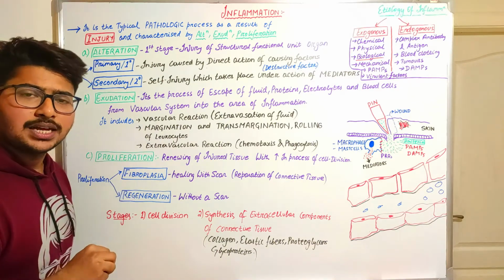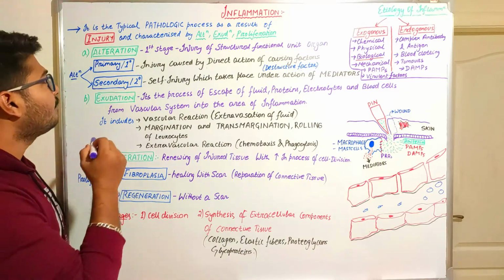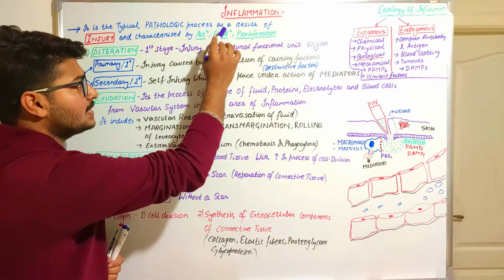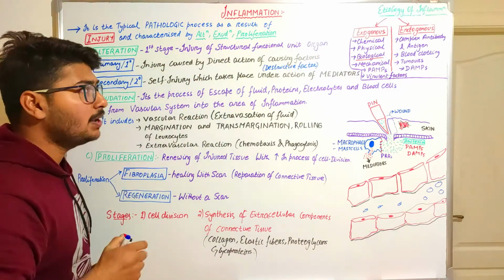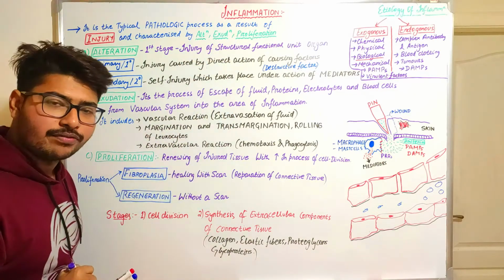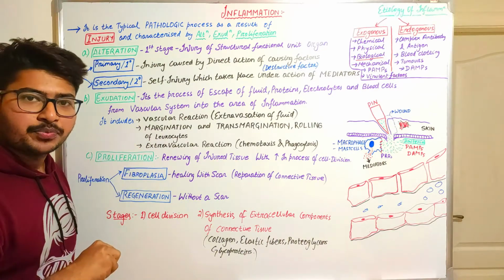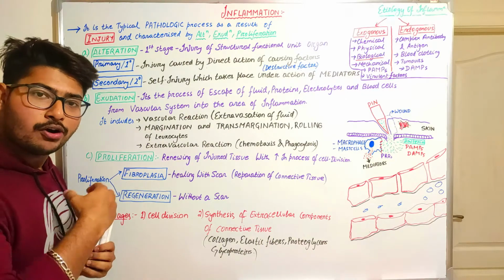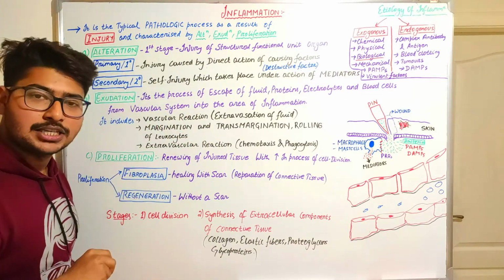First we are going to see the definition of inflammation. What does the definition say? The definition says that it is a typical pathologic process as a result of injury, and it is characterized by three major processes, that is alteration, exudation and proliferation. So actually what do we mean by inflammation? Inflammation is nothing but a complex response of our body towards the stimuli that cause the injury.